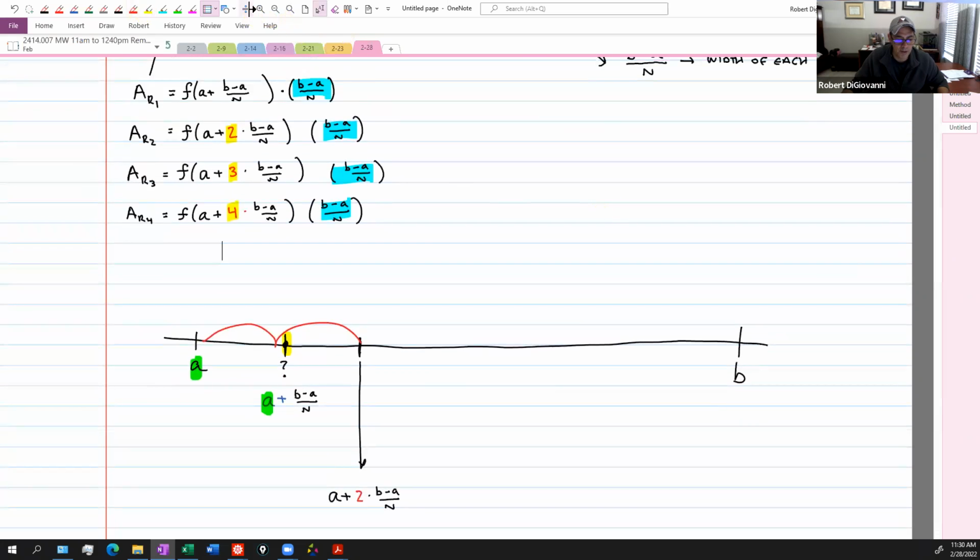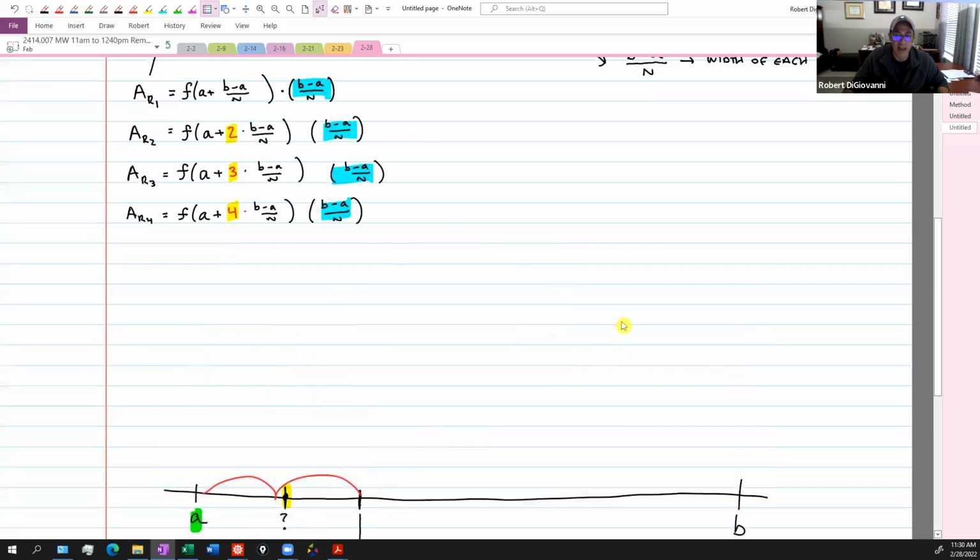What happens when I get to the nth rectangle? What is the area? So this would keep happening. When I get to the area of the nth rectangle, we should have F of A plus N jumps of B minus A over N. Where should we be when we get to the end, to the nth rectangle?